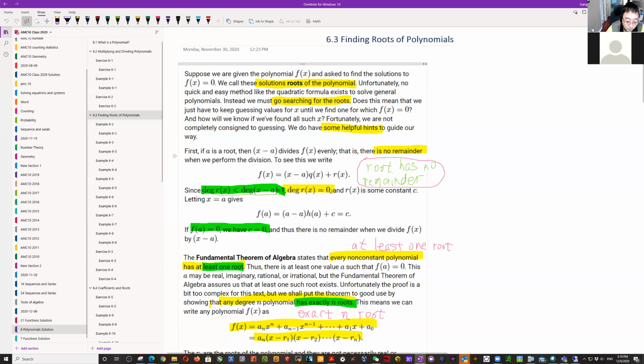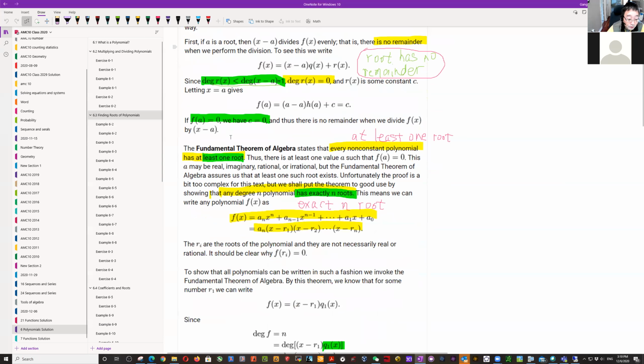A special case is the root. If it is a root, then the remainder is 0. So basically, you can evenly divide into it. You can find the root by trying synthetic division, and if you completely divide it, then it's a root. This is the way you find it.